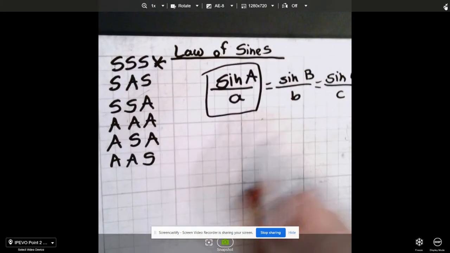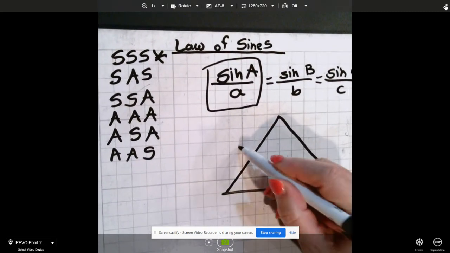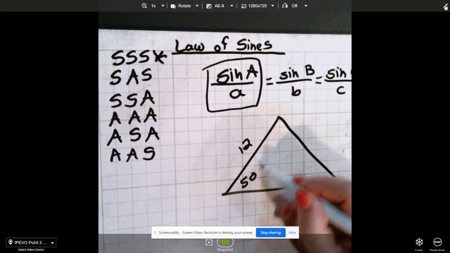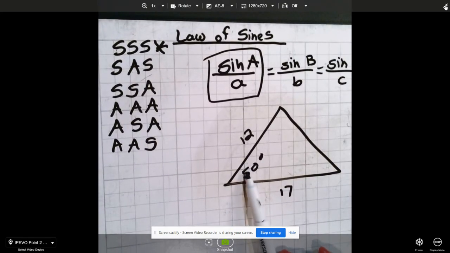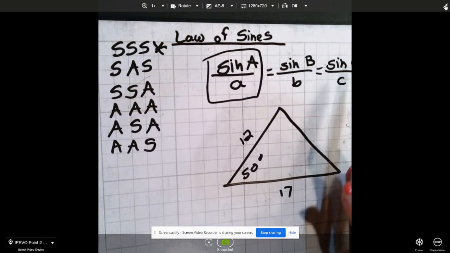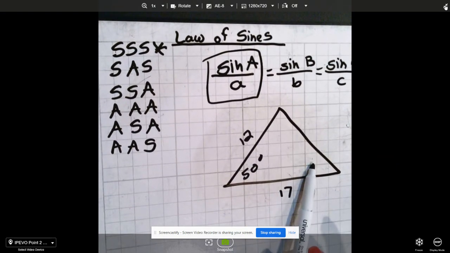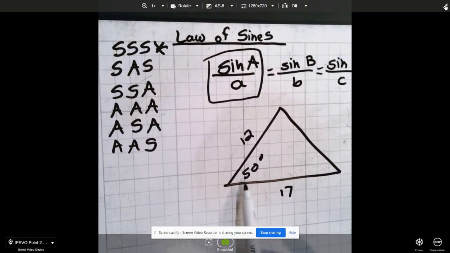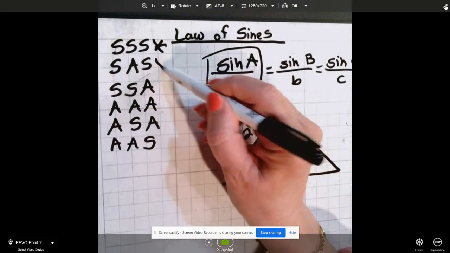All right, let's take a look about side, angle, side. So if I have some triangle, I know some side, I know some angle, and I know some other side. All right, so here I have to have at least an angle and its opposite side in order to use the law of sines. Well, I don't know either one of these angles, and there's no way for me to get them because I only know one of the angles. So I can't use side, angle, side.